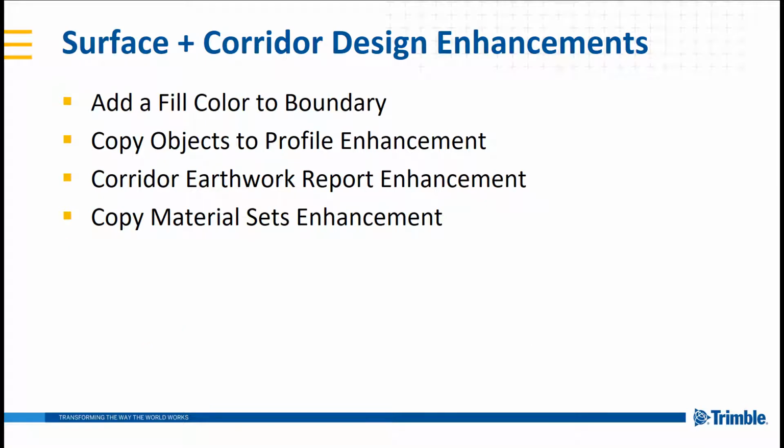Additional enhancements have been made to the surface and corridor design workflows. You can now add a boundary with specific color and transparency. We can now copy objects to the profile view. This allows the user to copy objects from the plan view directly to the profile view.